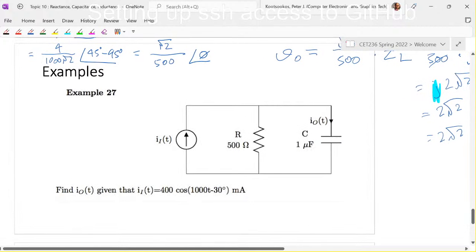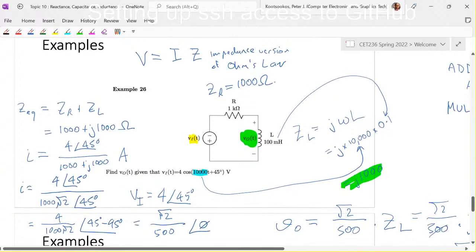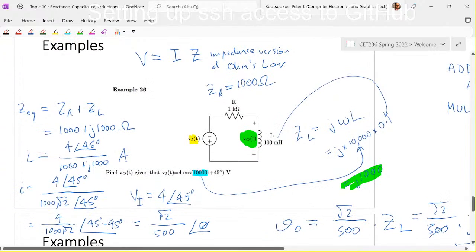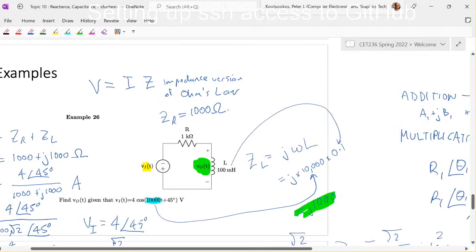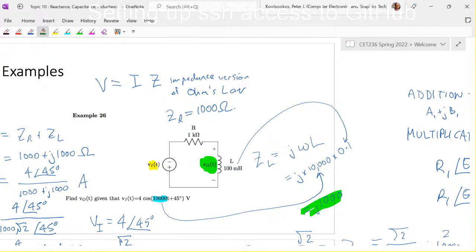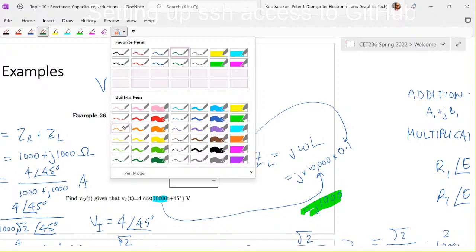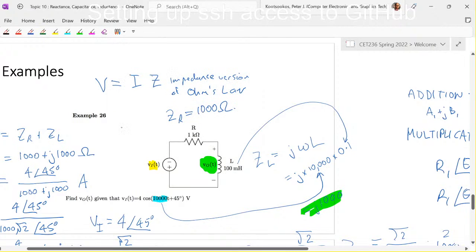So here's another example. Actually, just before we go on, let me talk about this one again. Another way we could have approached this one. Let's go with an orange pen. Another way we could have approached this one is as a voltage divider.